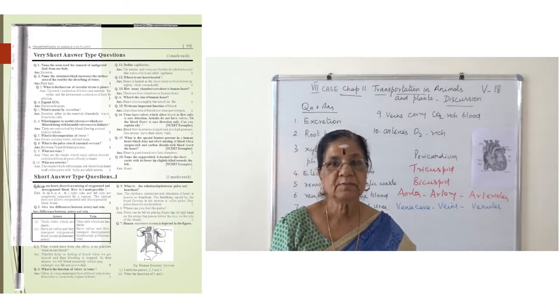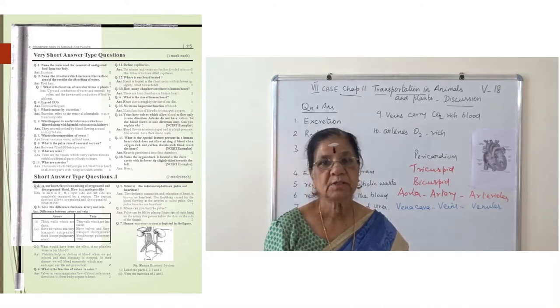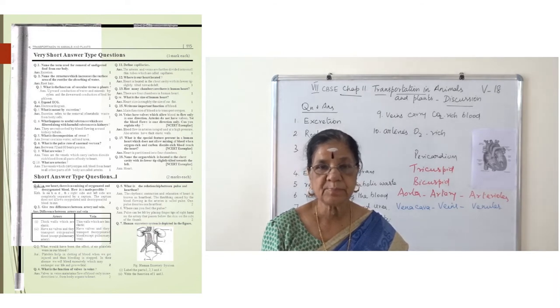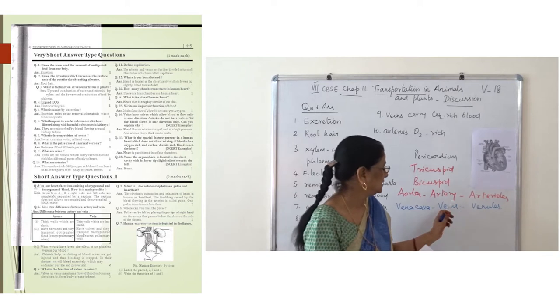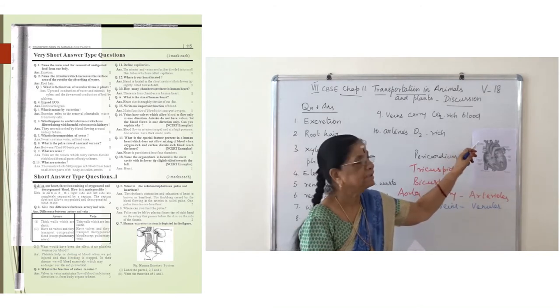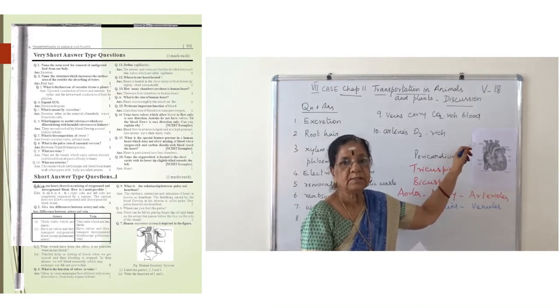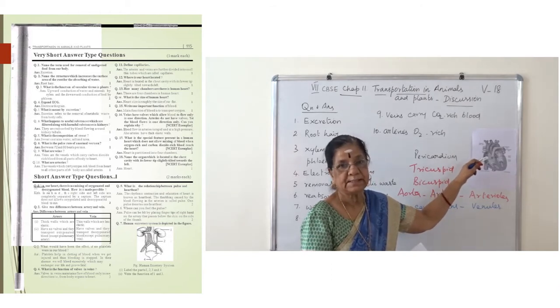So we say veins collect impure blood, deoxygenated blood or carbon dioxide rich blood from various parts of the body and reach the vena cava. The posterior portion is the inferior vena cava, the anterior portion is the superior vena cava, and then it reaches the right atrium. Are you clear?